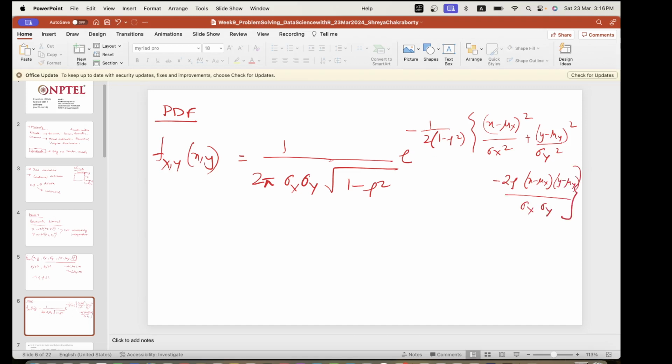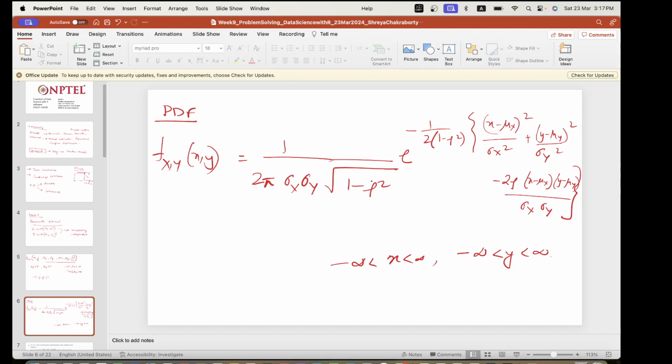Where the ranges hold, that is x can range between minus infinity and infinity, y can also range between minus infinity and plus infinity, and sigma x, sigma y should be greater than 0. Rho should lie between minus 1 and plus 1.